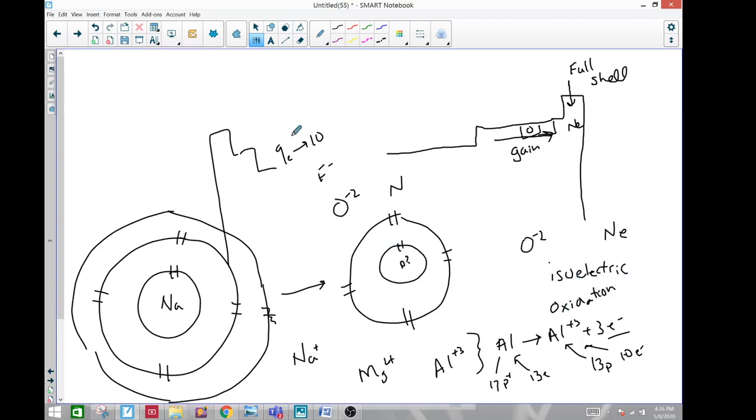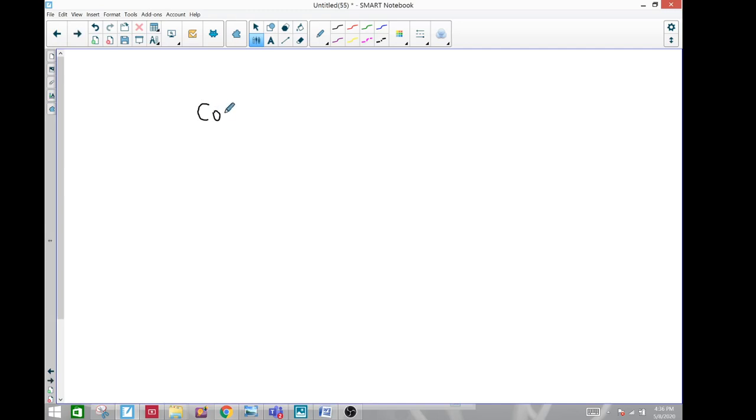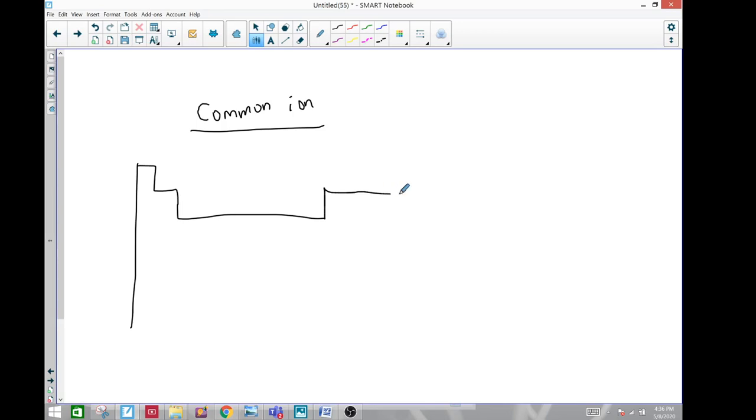And because these atoms are trying to get to a full shell, we have a common ion that atoms tend to form. So it's called a common ion. And we're going to end there for today. The most common ions here, we'll just mark them out, and we'll talk more about them later. But because of the number of valence electrons these atoms have and how they gain them, this guy has 1 valence electron, 2 valence electrons, 3, 4, 5, 6, 7, 8.